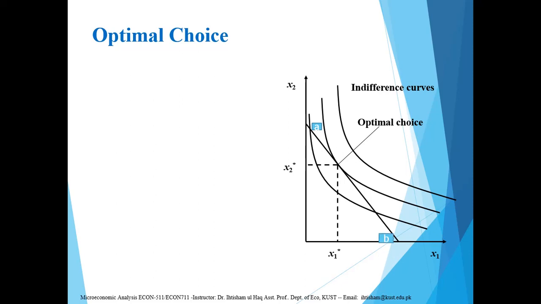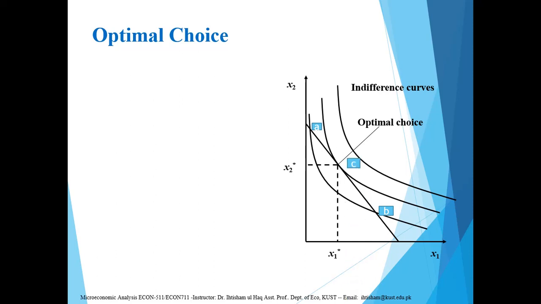Similarly, we can think of another point, point B, which is also on the same indifference curve, so the satisfaction our consumer gets at point A and at point B is the same.